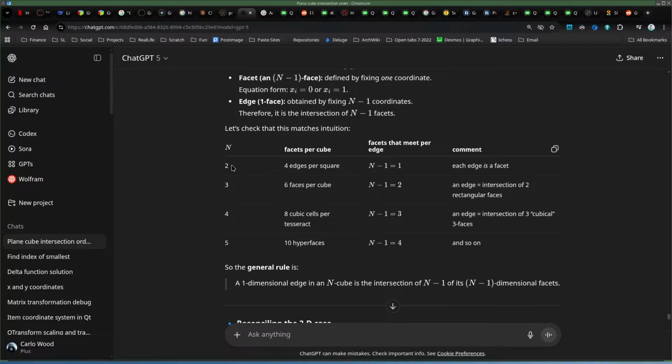In 2 dimensions, those facets are called an edge. It's just 4 edges for the square. And in the case of a tesseract, yeah, you have 8 cubic cells as facets on the outside. And here it calls it 10 hyperfaces.